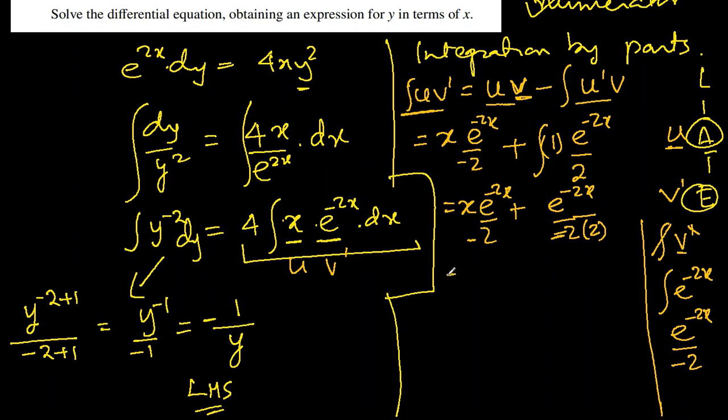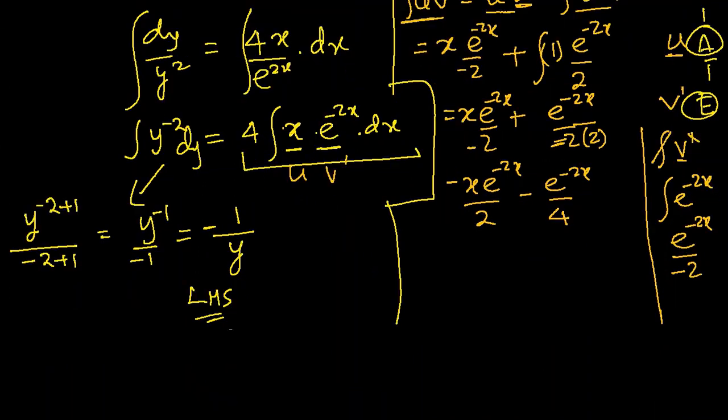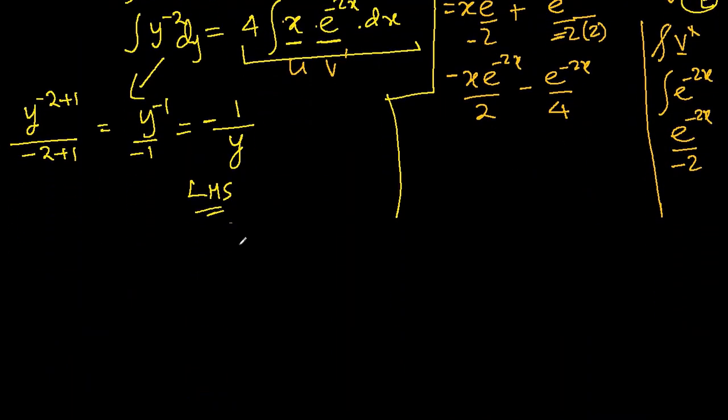So it becomes minus x e to the power minus 2x over 2 minus e to the power minus 2x over 4, right? Alright, and that makes ready our RHS.